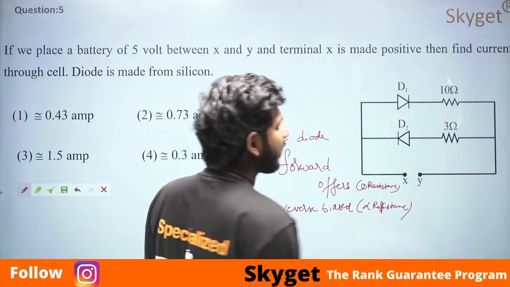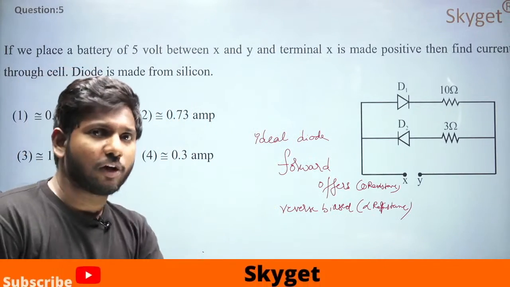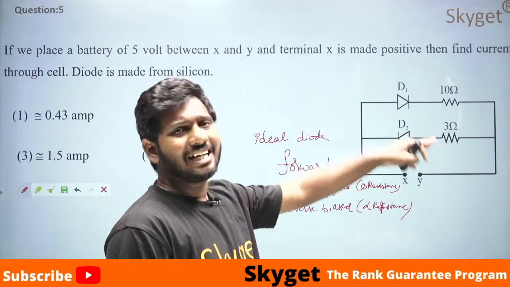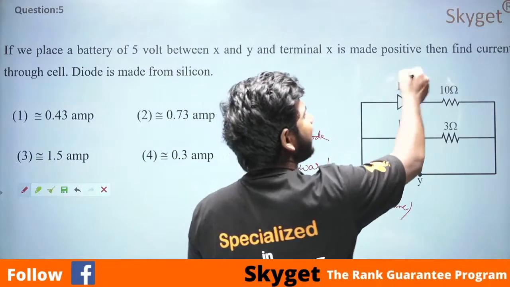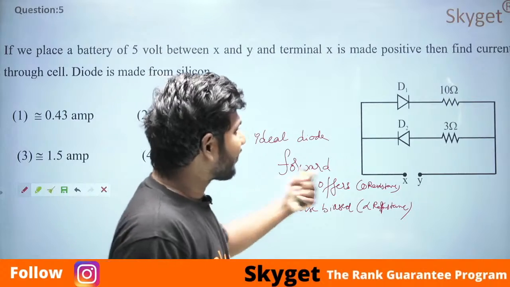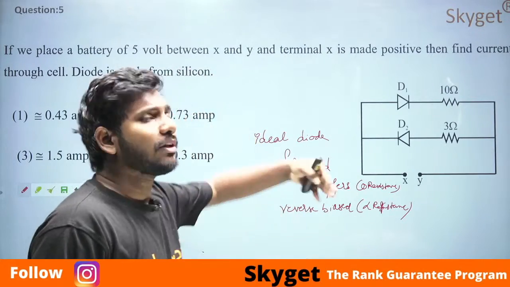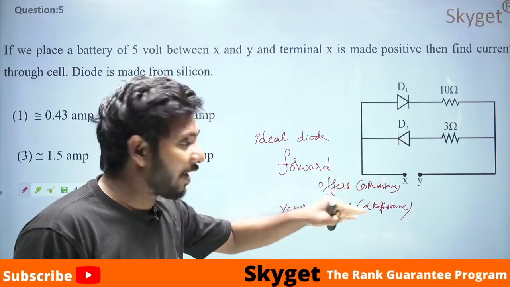That means if a diode is forward biased, the ideal diode will allow current without any resistance. That means we can remove the diode and just join a wire there. In reverse bias, the current will not flow at all through that diode.